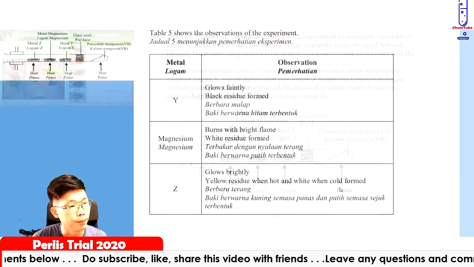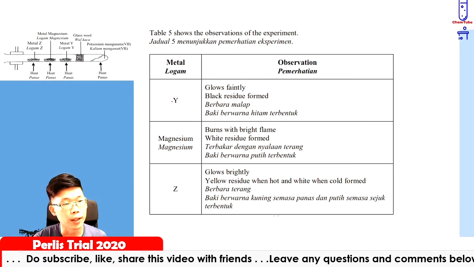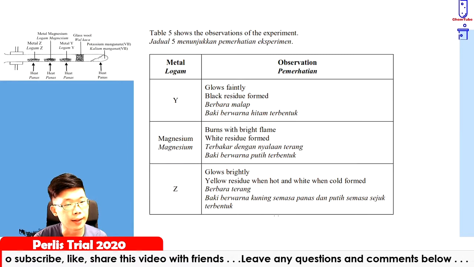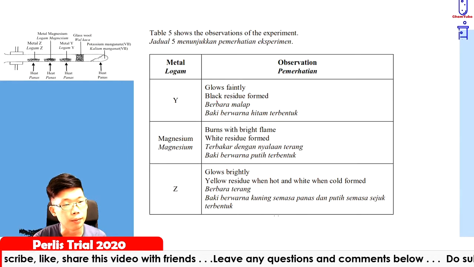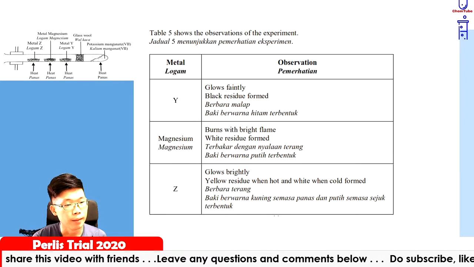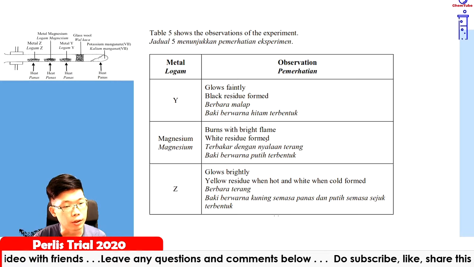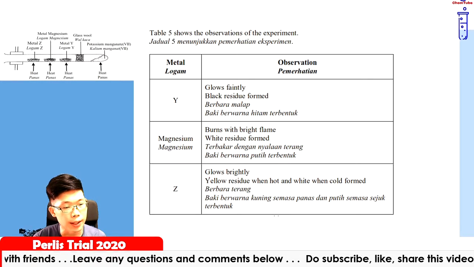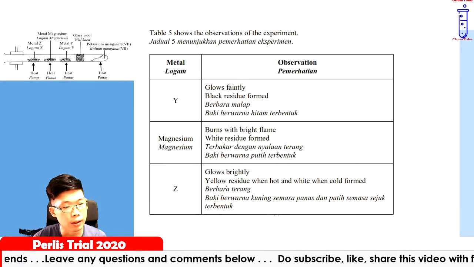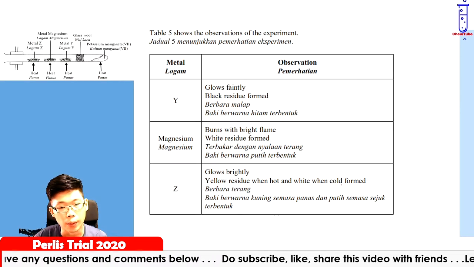Now we look into the observation. Y glows faintly, then it forms a black residue. Magnesium burns with a bright flame, then a white residue is formed. For Z, it glows brightly, and a yellow residue when hot and white when cold is formed.